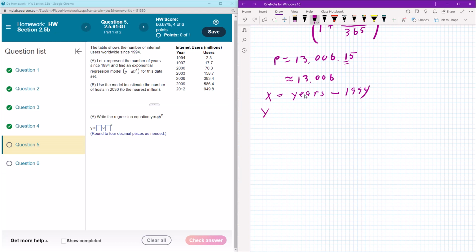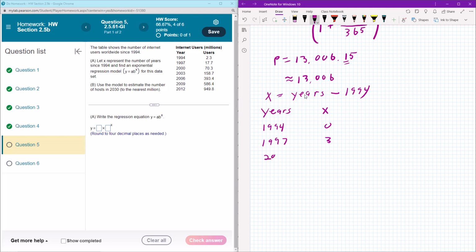Here are the years, and then over here we're going to have X, which of course is going to be years minus 1994. So if the year is 1994, X is 0. If it is 1997, 1997 minus 1994 is going to be 3.